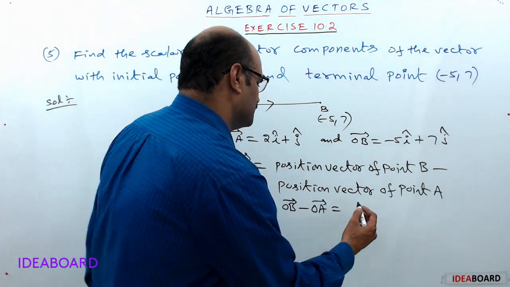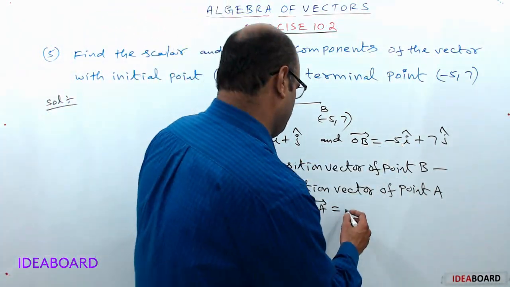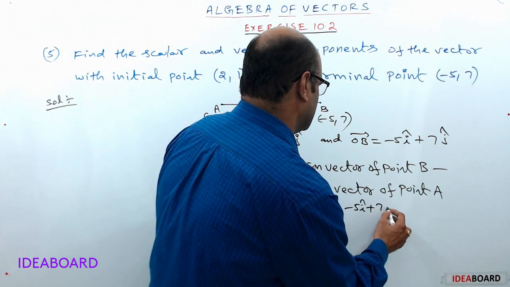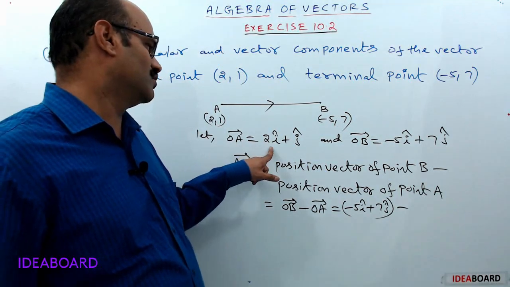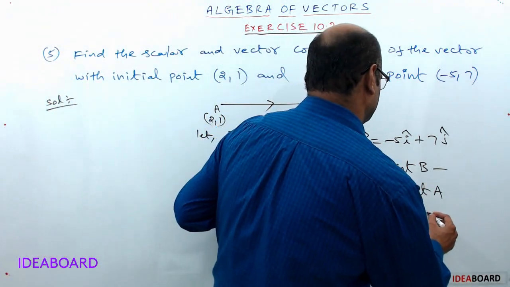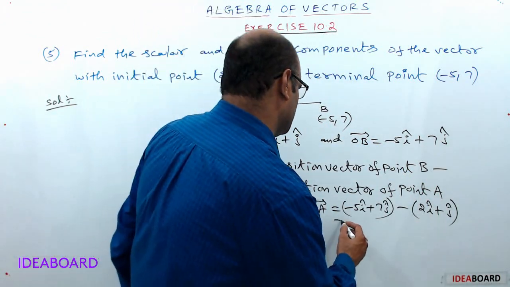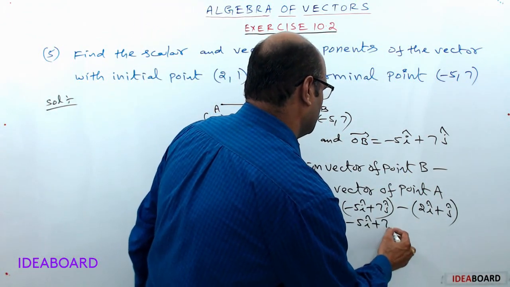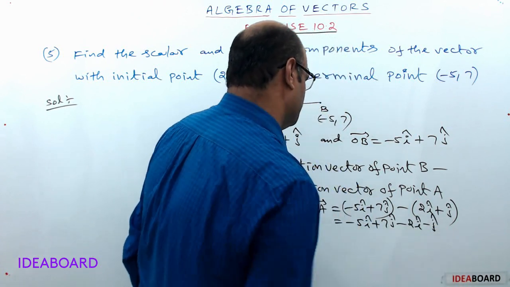So OB vector equal to -5i cap plus 7j cap minus OA vector equal to 2i cap plus j cap. So it is equal to -5i cap plus 7j cap minus 2i cap minus j cap.